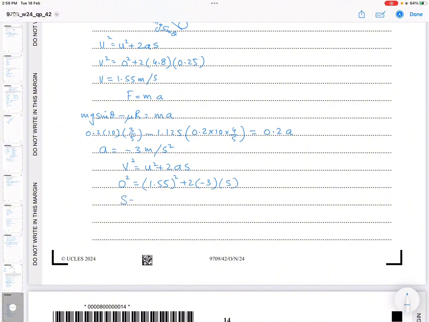From here s is equal to 0.4 meter. So the total distance of A before coming to rest is 0.25 plus 0.4 equals 0.65 meters. That would be our answer.